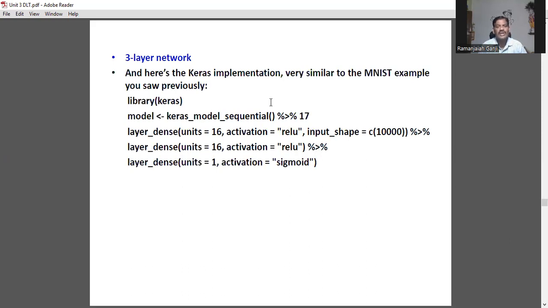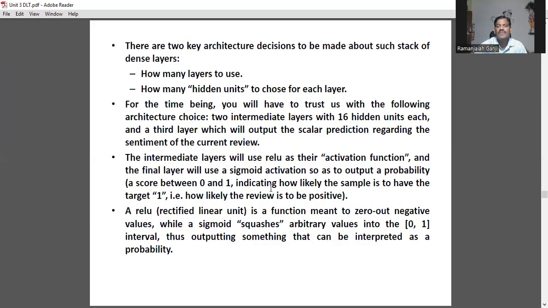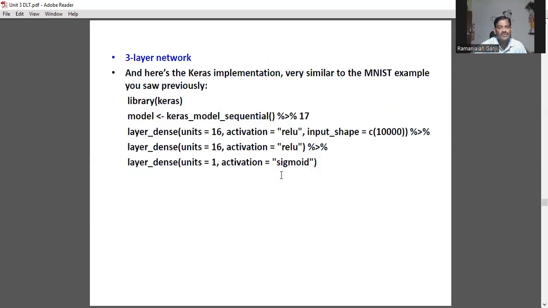The same model can be represented in terms of the Keras library: Sequential model, Dense layer with units equal to 16, activation equal to rectified linear unit, input shape equal to 10,000; then 16 units, activation equal to rectified linear unit; and then units equal to 1, activation equal to sigmoid.